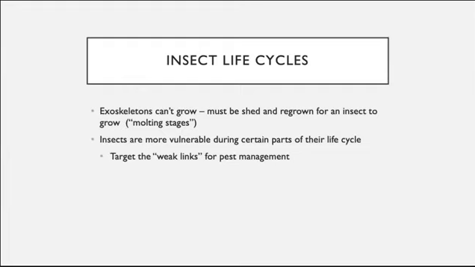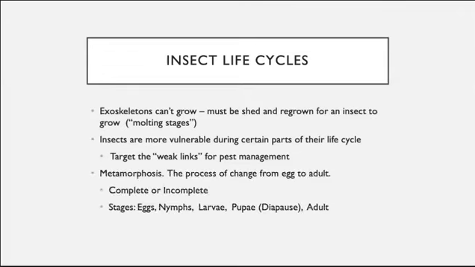Okay, so one tactic in seeking a solution against a specific insect pest is to look for weaknesses within this chain of its life cycle. Okay, so insects can have two basic types of life cycles, or metamorphoses, where they progress from an egg to an adult.